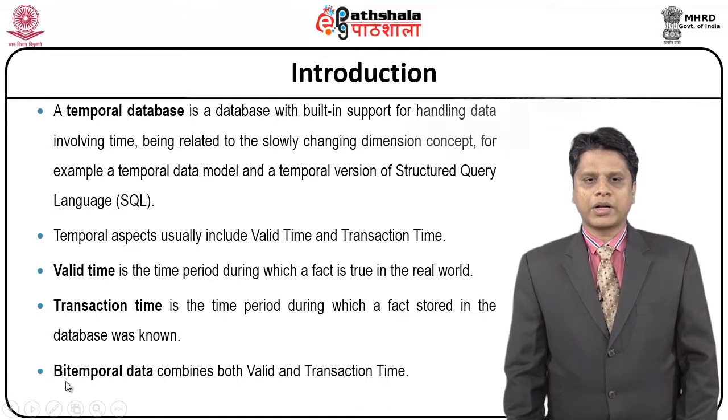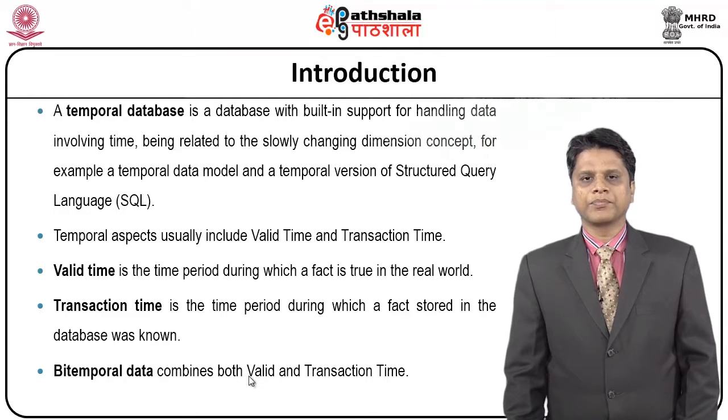And there is one more time associated with this, which is called bitemporal data, which combines both valid and transaction time. Many a times we may not require the valid time, but we might need the transaction time.